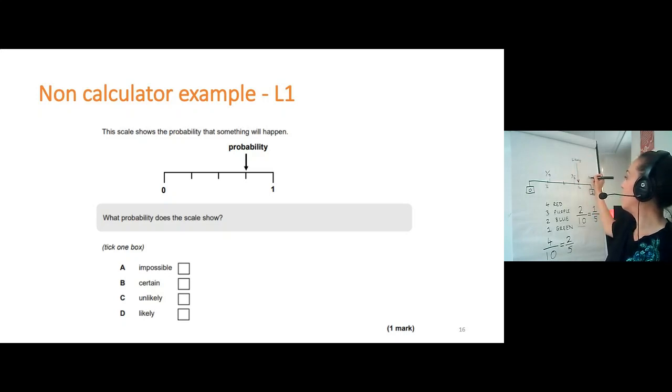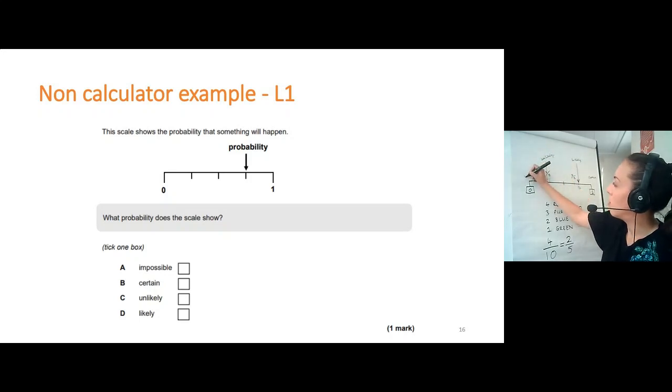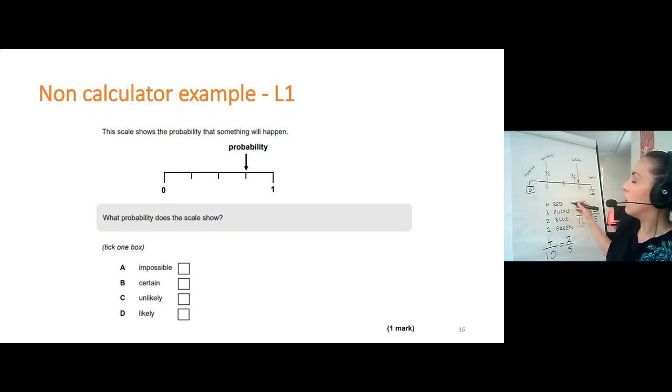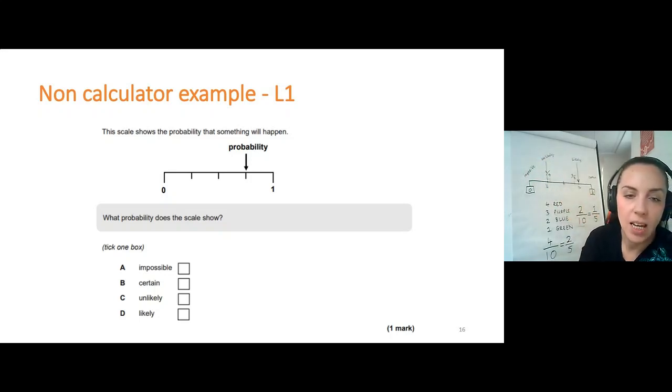This will be certain. This is about a quarter of the way, will be unlikely. This would be impossible. So the answer there would be D, likely.